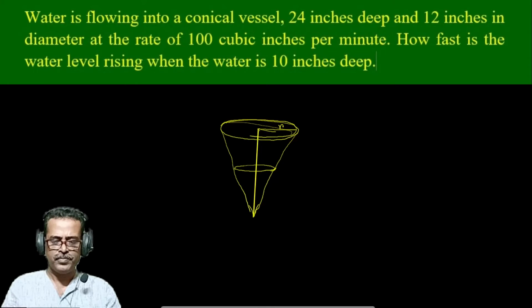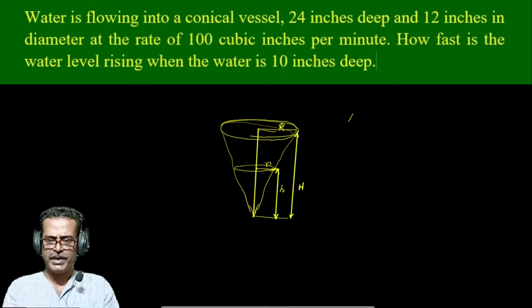Now this is capital R and this is variable r, and this is capital H, fixed constant, and this is small h, variable.